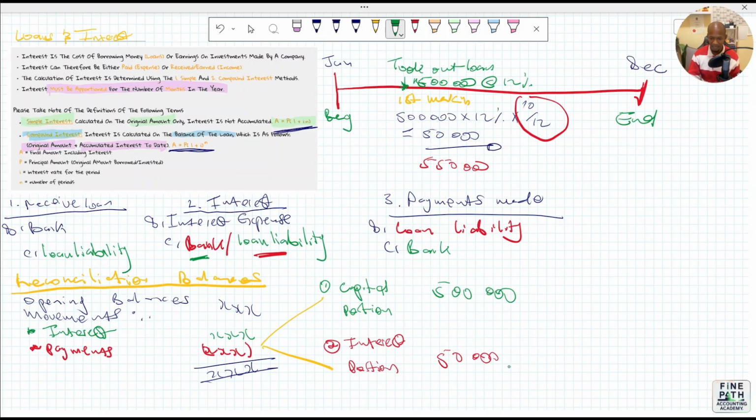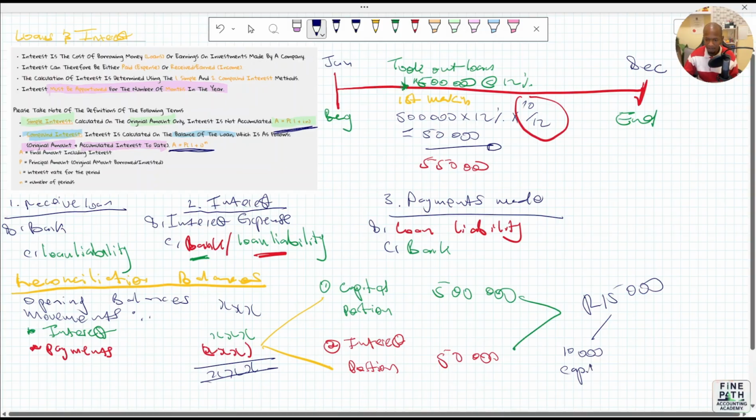So every year when they make payments, let's say every year a payment of 15,000 is made. So let's say they pay 15,000 a year in relation to this loan, right? In that 15,000, you'd find that about 10,000 is for the capital, and then maybe 5,000 would be for the interest.